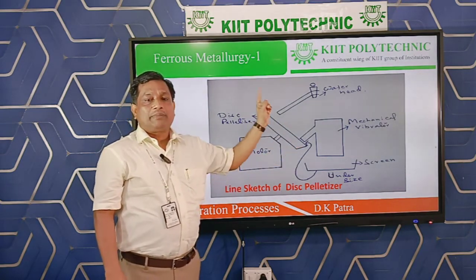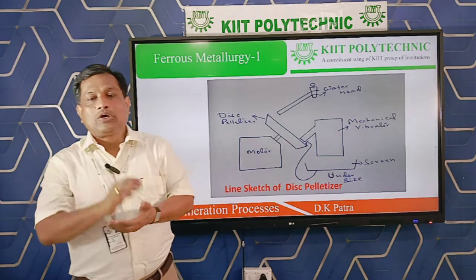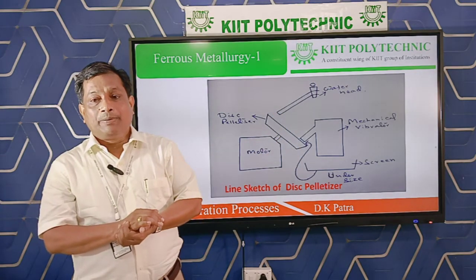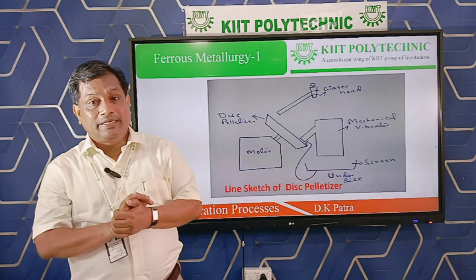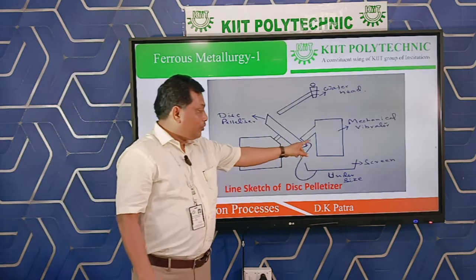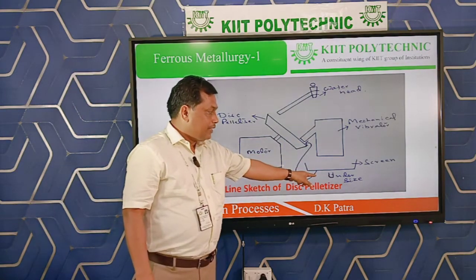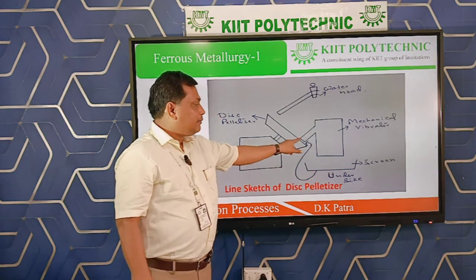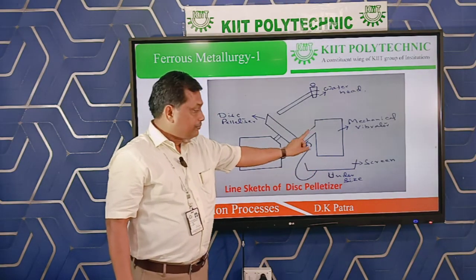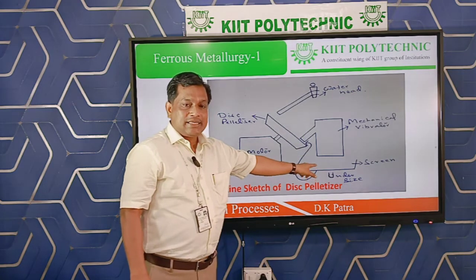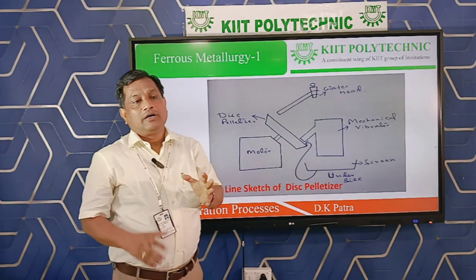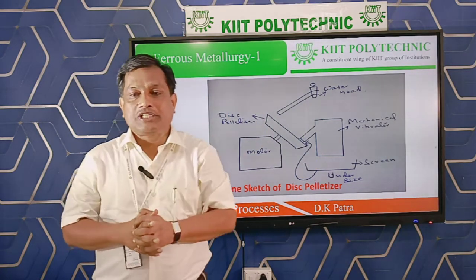In this way, after some time, it will grow up to small balls. But strength has not been developed. Now these balls are screened. Undersize is taken for re-pelletization, and the required size is taken for the drying and preheating process.